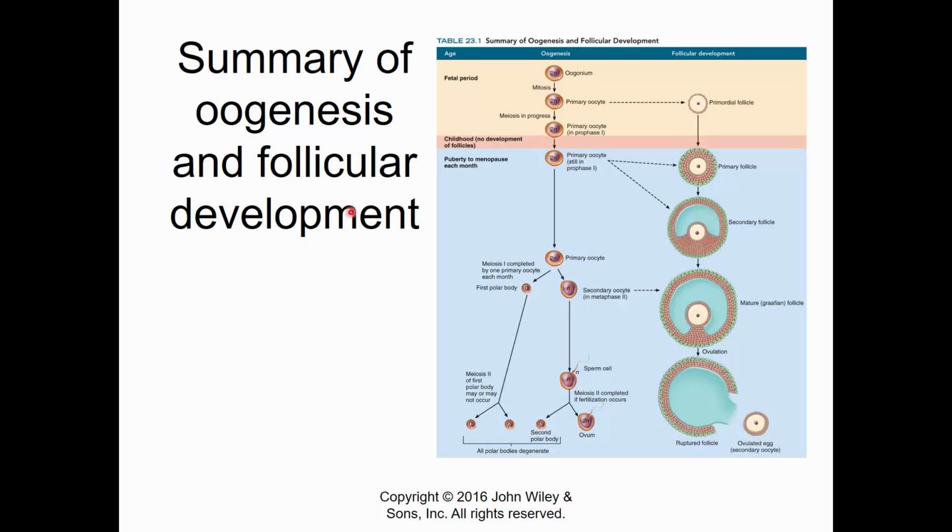And then there's some crossing over and some independent assortment that make the resulting cells haploid and genetically unique. And we saw in the male that one spermatogonium becomes 4 haploid unique sperm. We're going to see a little different thing going on in females.